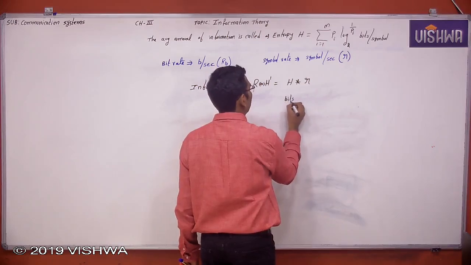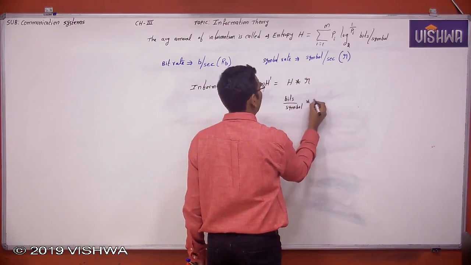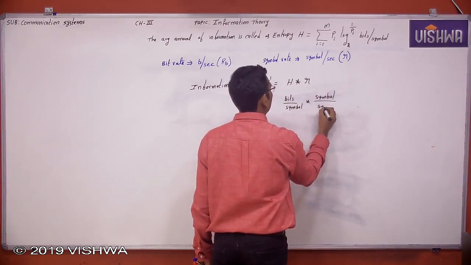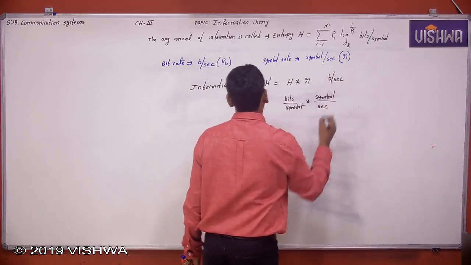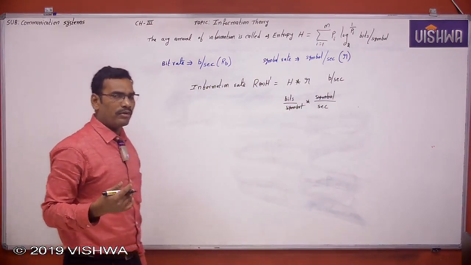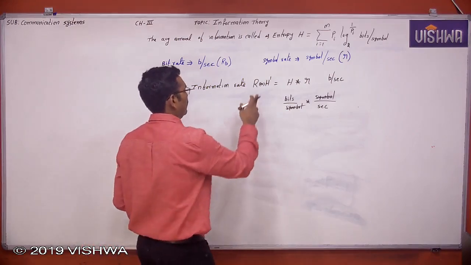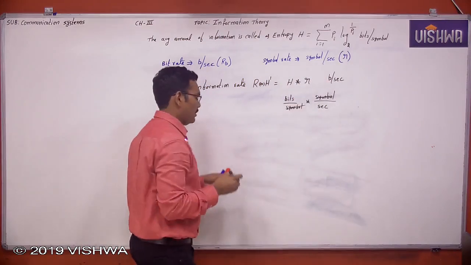Bits per symbol. What is symbol rate? The number of symbols generated per second. Now the symbol cancels, and this is nothing but bits per second. The information rate is the number of bits generated per second over a discrete channel. We also call it the bit rate, which is the number of bits generated per second.